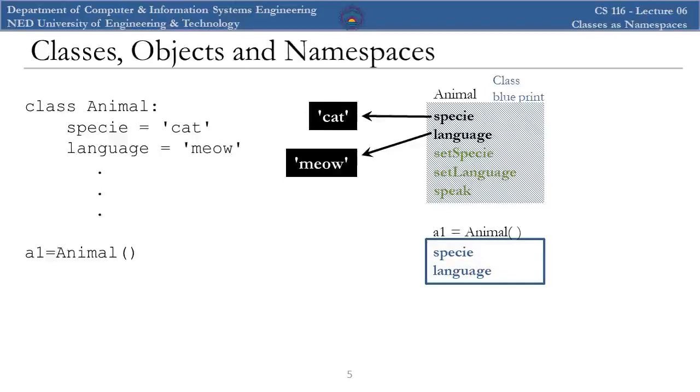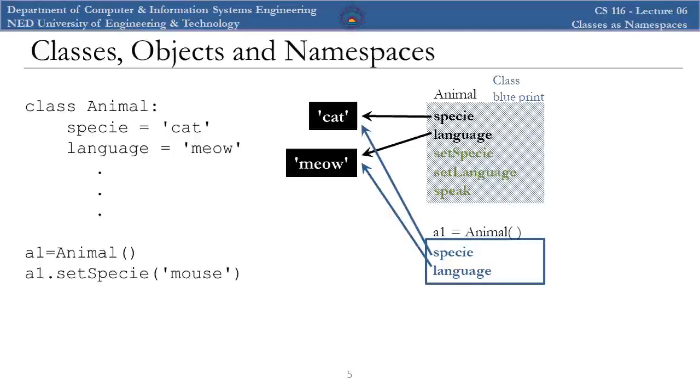However, the code for the methods resides with the class blueprint only, right? We'll see shortly how that code executes. So the a1 object has its own set of attributes, and they are initialized to the same objects because we have not initialized them or reset them to any other value.